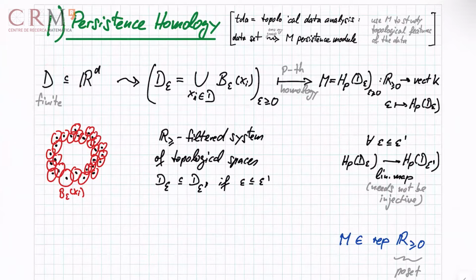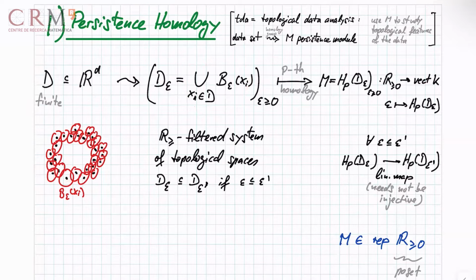So we want to analyze this by computing homology of this data set. Now, the data set per se is not interesting. As we heard, it's a discrete topological space. So what we're going to do is around each point, we put a ball of some radius epsilon, and then we consider the union of these balls of radius epsilon. Here in this picture, you see the union of the balls of radius epsilon.